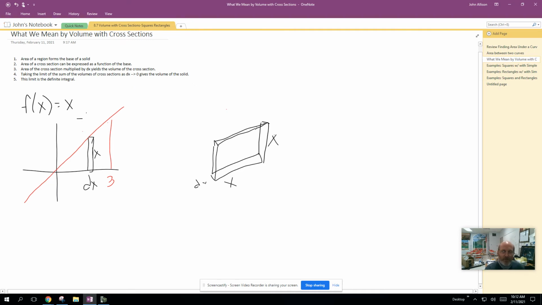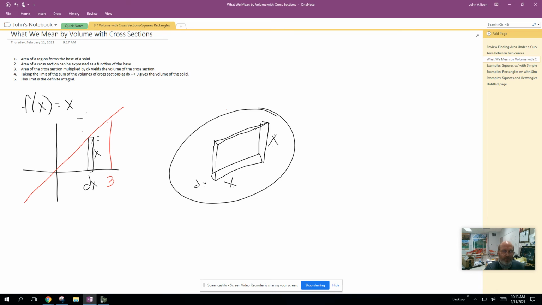And so the volume of this one individual cross section is going to be x times dx. So for a square cross section, what we have to know is the height, viewing this as a three-dimensional thing, it protrudes out the same as it goes up from the x-axis to the curve. So the width is dx, the length is x, and the height protruding out would be x also, because they're square cross sections.